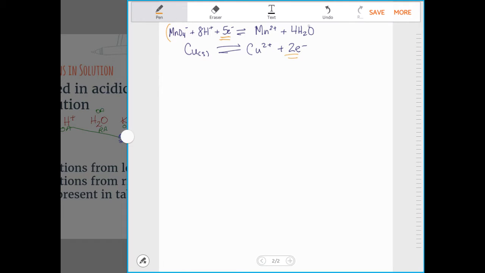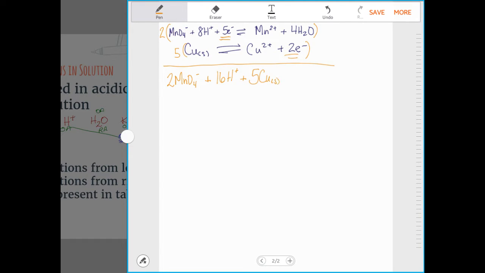So I look at my lowest common factor here that I can do to multiply these, and it looks like it's just 2 and 5, which means that I'm going to double everything on my top and times everything on the bottom reaction by 5. So I have 2 permanganate ions. I have 16 hydrogens, 10 electrons, which will eventually cancel out, and I have my 5 copper solids.